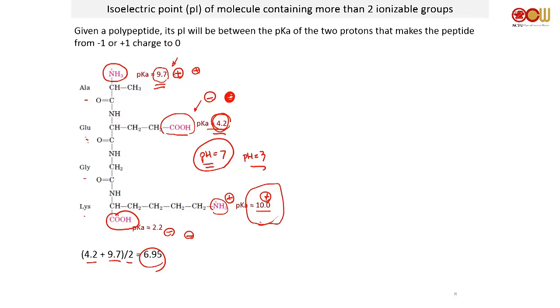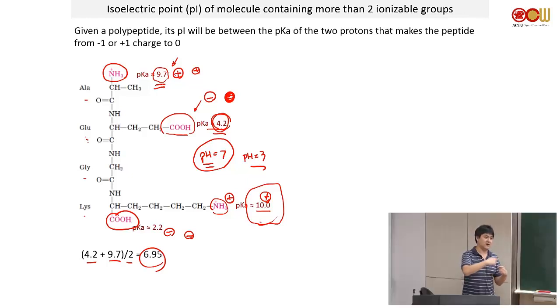And then you look at the pKa above it and the pKa below it. Those pKa's are going to affect the pI the most, because those are the ones that are going to change the most, right?